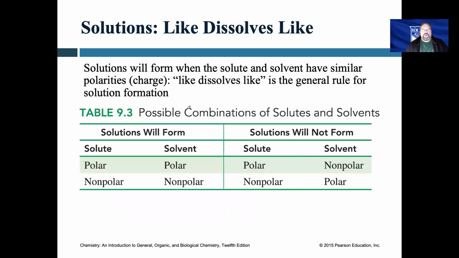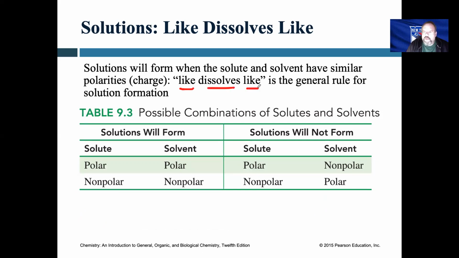Okay. Why is this so important in terms of the idea of classifying water as a polar covalent compound? Well, it turns out that solutions will form when the solute and solvent have similar polarities, have similar charge associated with them. Now, based on that, the general rule for solution formation is like dissolves like.